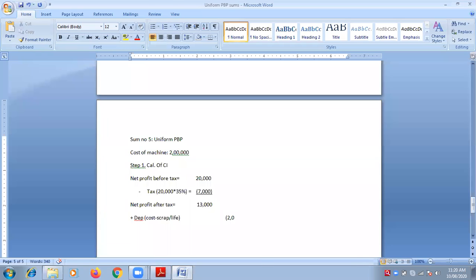So 2 lakhs is the cost, 5,000 has to be deducted in the name of scrap value, divided by life 10 years. So 1,95,000 would be the numerator, divided by 10, which comes to 19,500 if I'm not wrong.